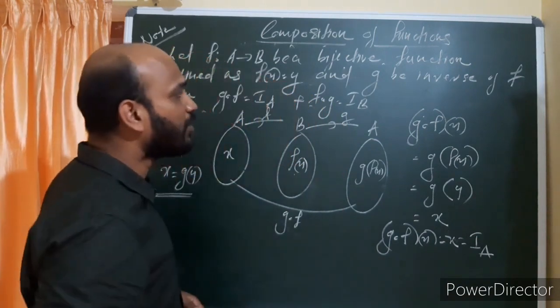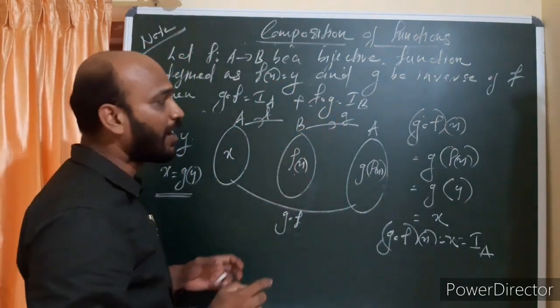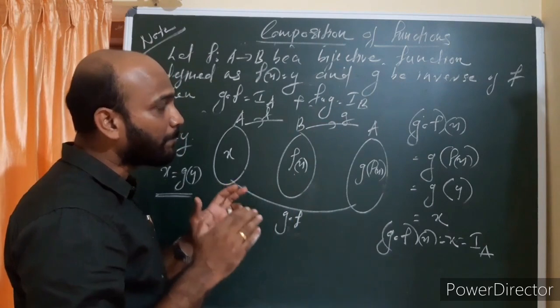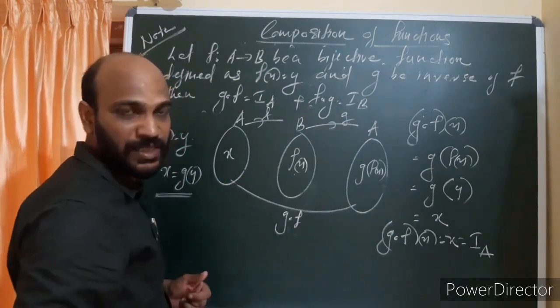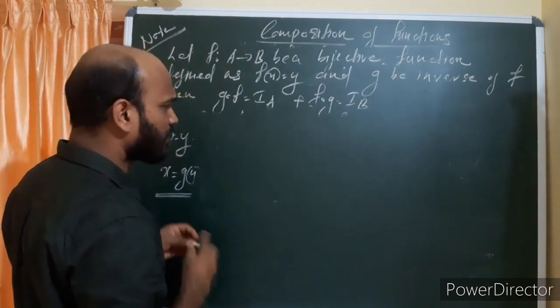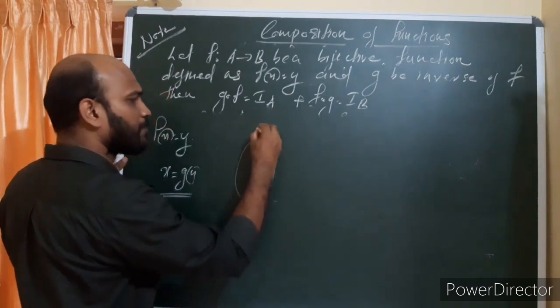Okay. Now we want to show that F of G is an identity function from B to B. IB is given. You have to draw B first.